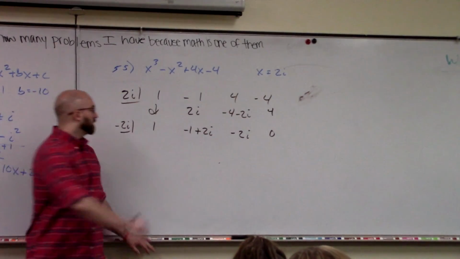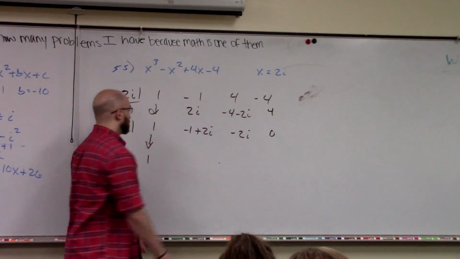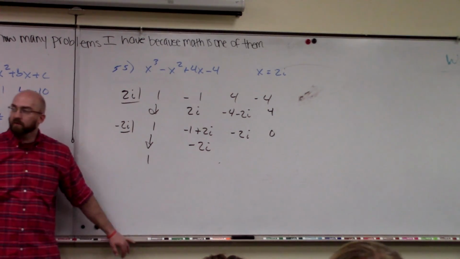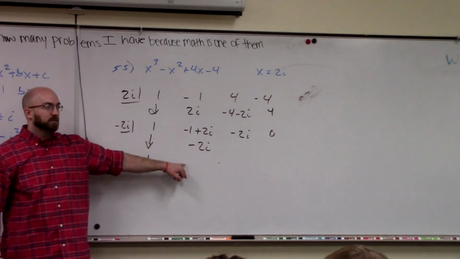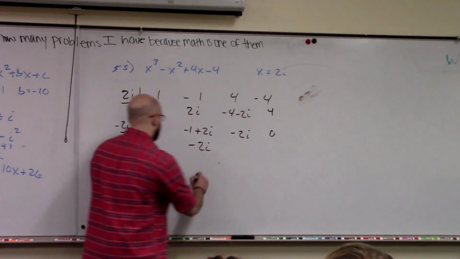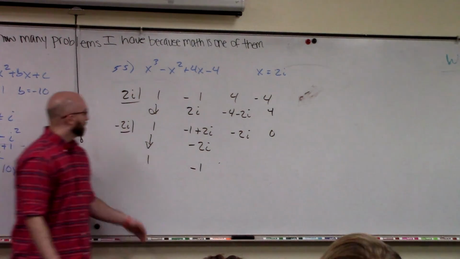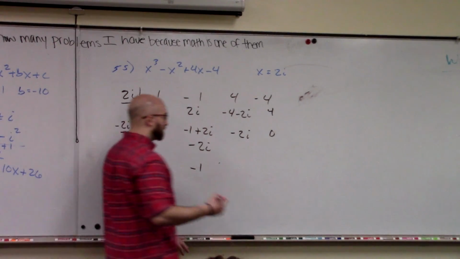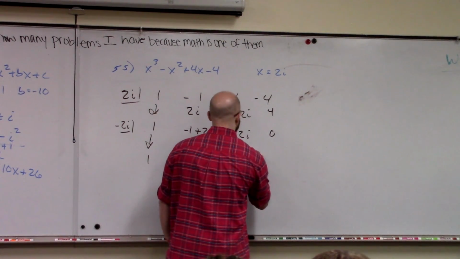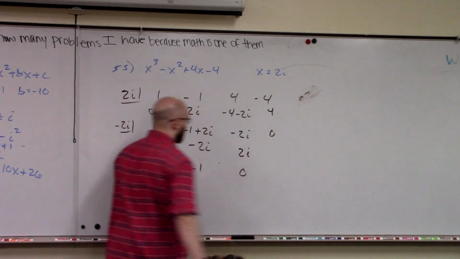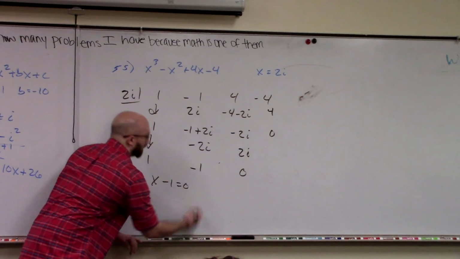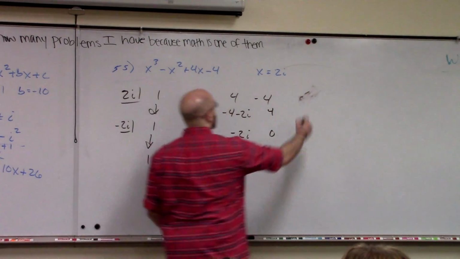Drop down our 1 like normal. 1 times negative 2i. Those cancel. Negative 2i times negative 1 becomes positive 2i, and 0. Then we have x minus 1 equals 0. So we have our zeros.